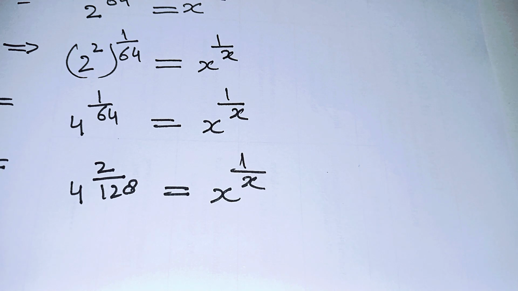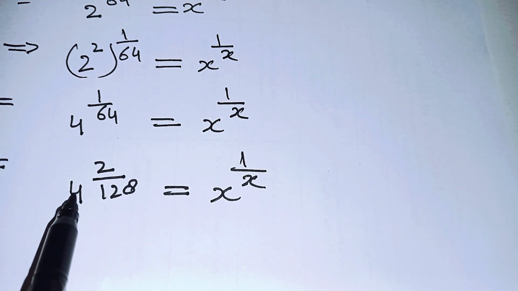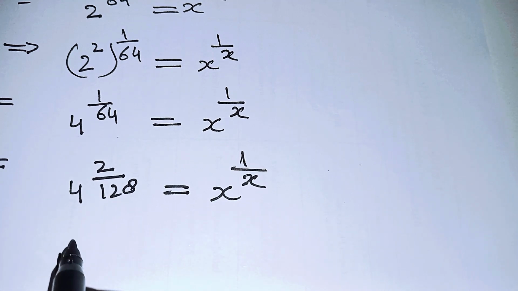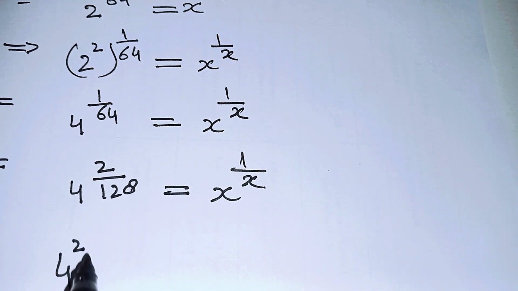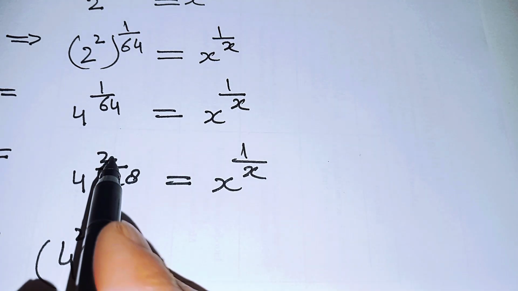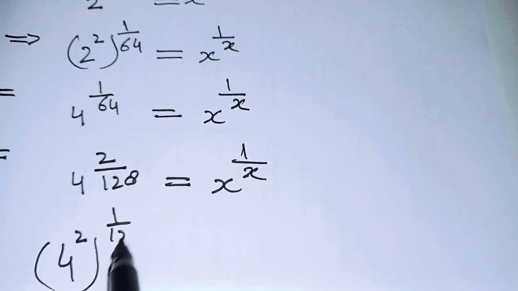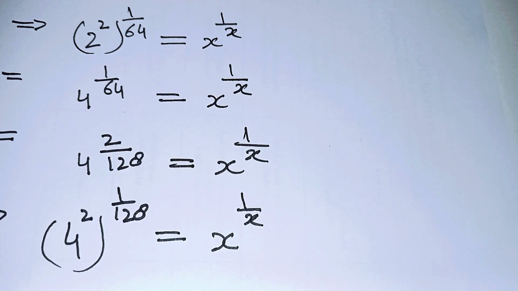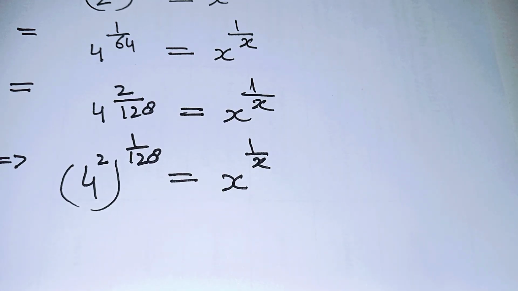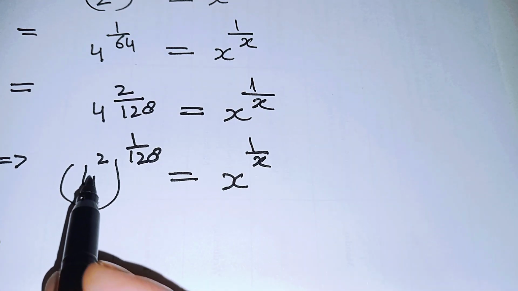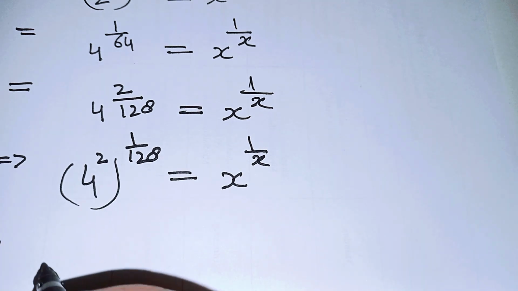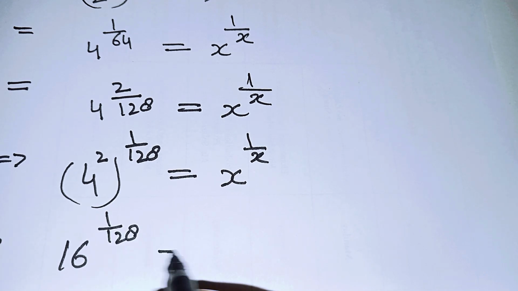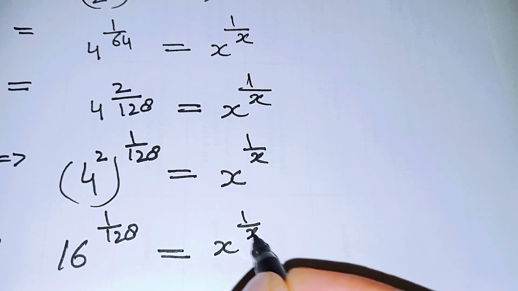Then this 4 cubed, and 2 ones are 2, and here is 1 over 128, is equal to x to the power of 1 over x. So here this 4 squared, 4 multiplied 2 times is equal to 16, 16 to the power of 1 over 128 is equal to x to the power of 1 over x.